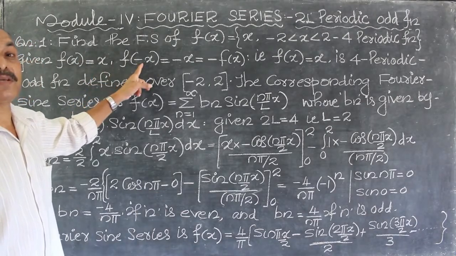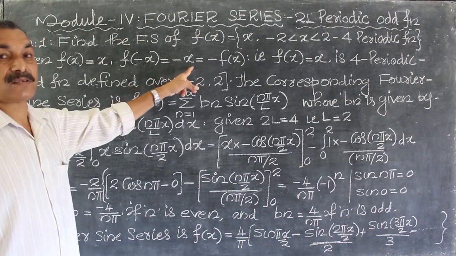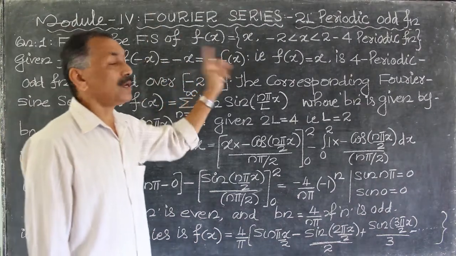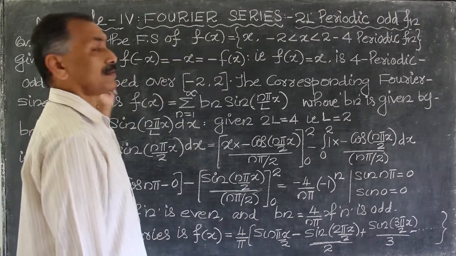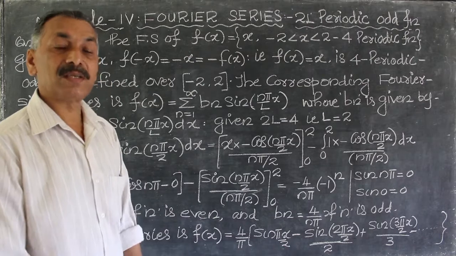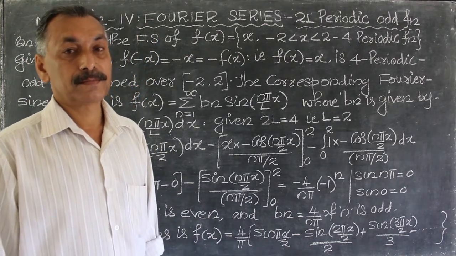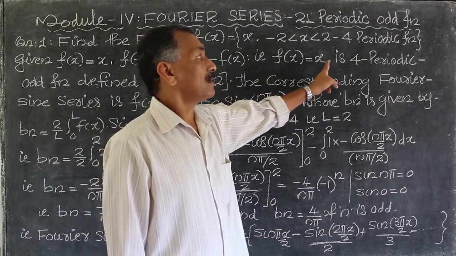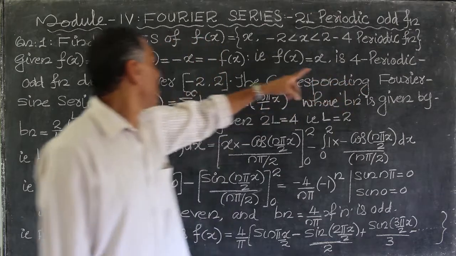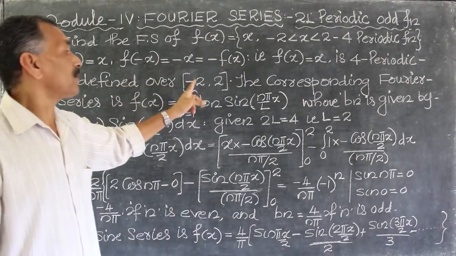What is f of minus x? f of minus x is equal to minus x, that is equal to minus f of x. That is, f of minus x is equal to minus f of x, so the given function is odd. That is, f of x equal to x is a 4 periodic odd function defined over the interval minus 2 to 2.